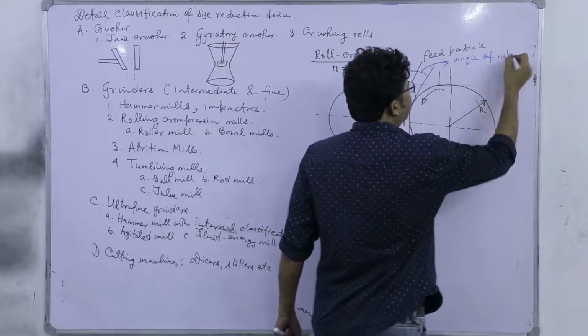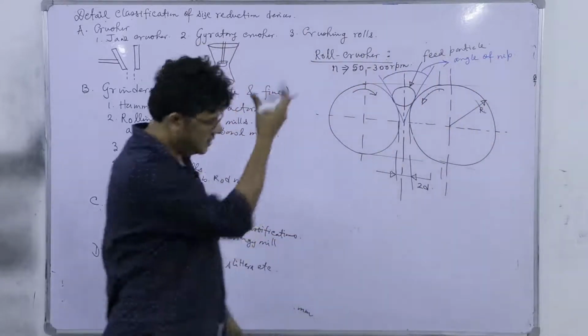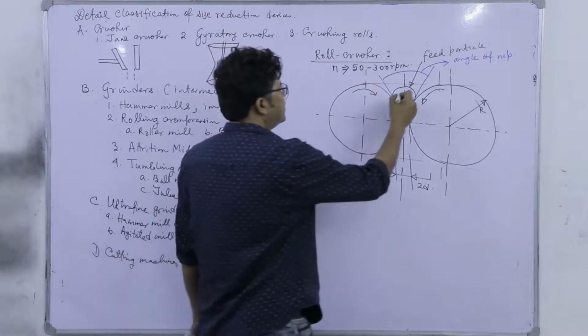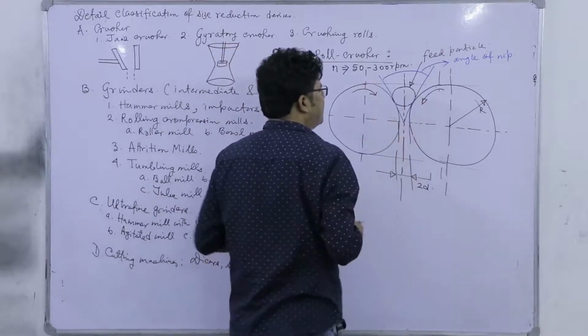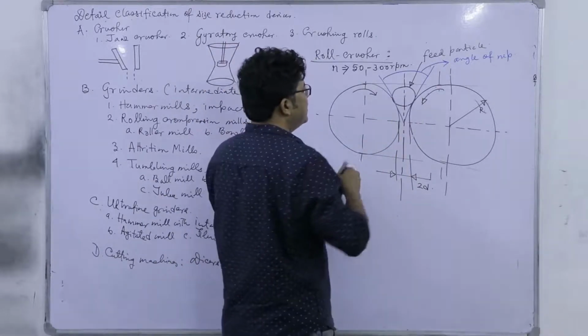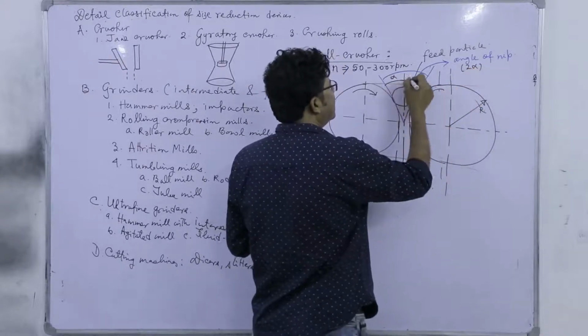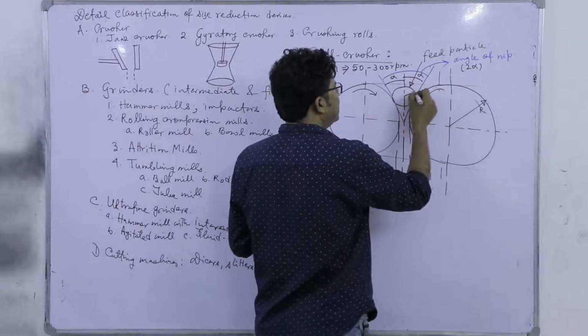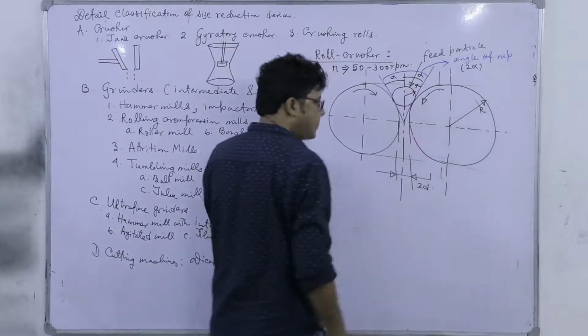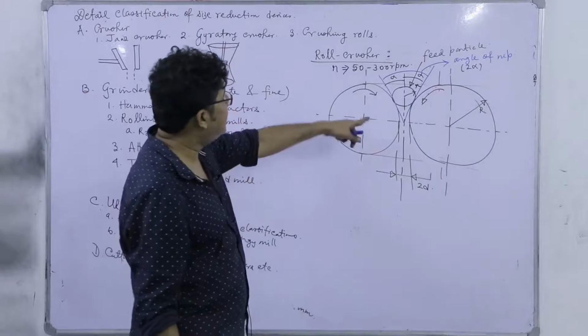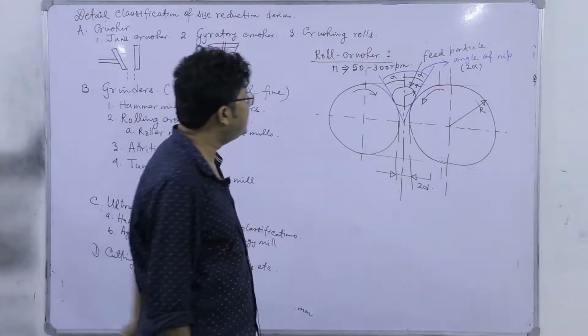Here we can say the particle is nipped and it will be crushed, right. Let us say the radius of that particle is r. Let the angle of nip be 2 alpha, that means this angle and this are both alpha, and the radius of the roll is R, right. So, the angle of nip, capital R and d, they are related.